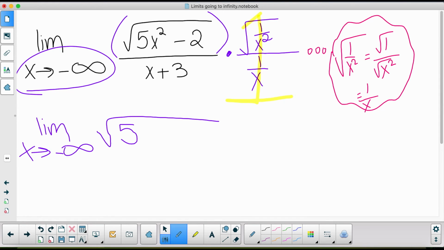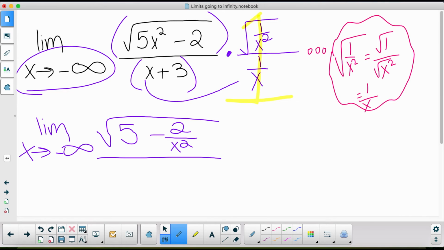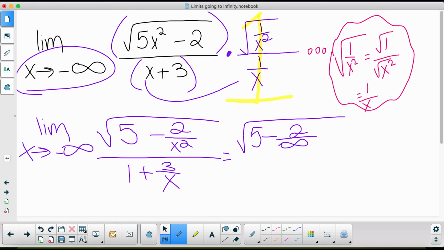We're left with 5 minus 2 over x squared all over x times 1 over x is 1 plus 3 over x. At this point, we can go ahead and plug in our value. So we have the square root of 5 minus 2 over infinity squared. And it was a negative infinity, but it's squared, so it doesn't change the problem here.